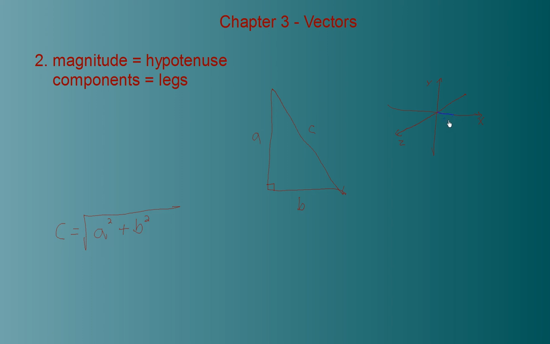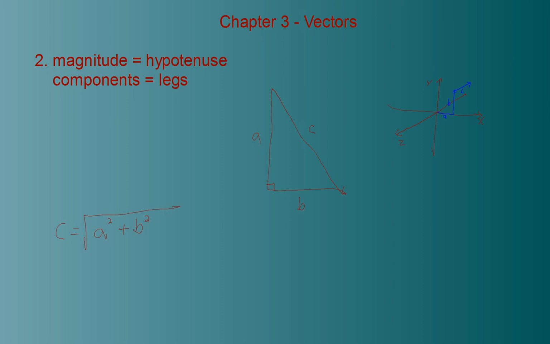This is component A, in the positive x direction, and then a component in the positive y direction straight up, and we'll call that B, and then maybe a component going back in the negative z direction, we'll call that C. Then the resultant, or the sum, or the magnitude, you could say, of these 3 components.